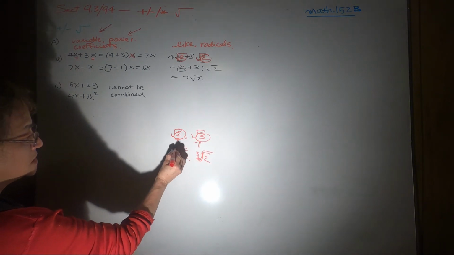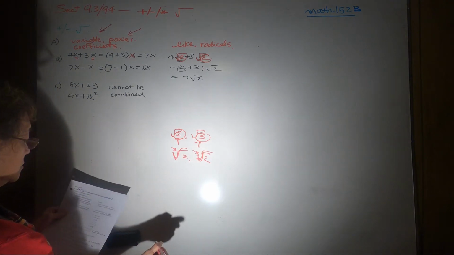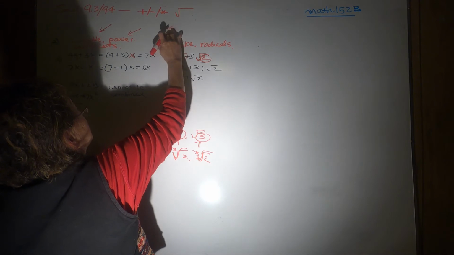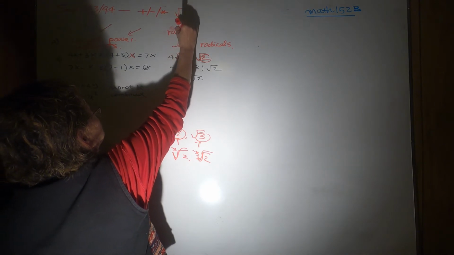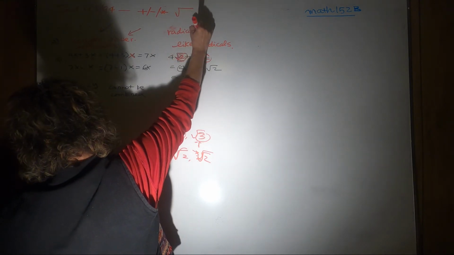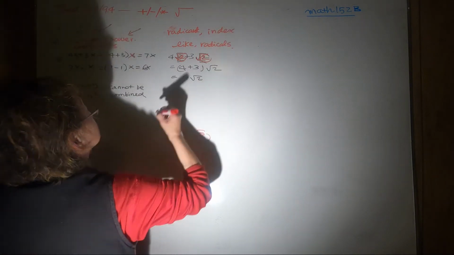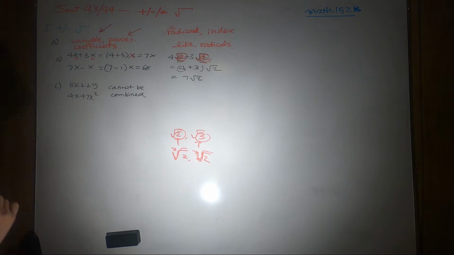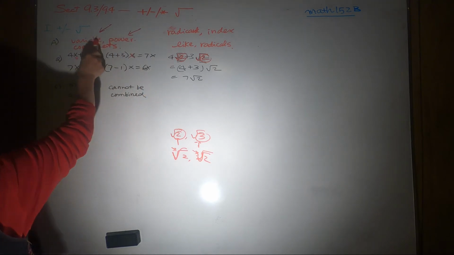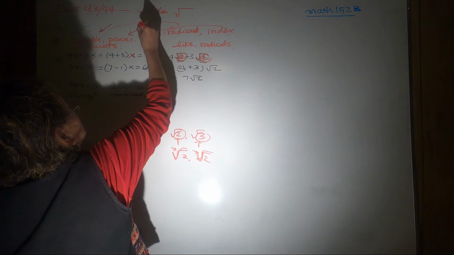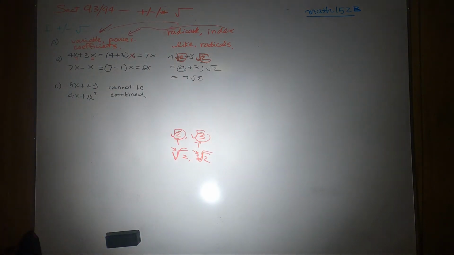So the inside is like your x, and the outside is like your power. We call that the index. So you have to have the same radicand and the same index. Radicand is like your variable, and index is like your power.